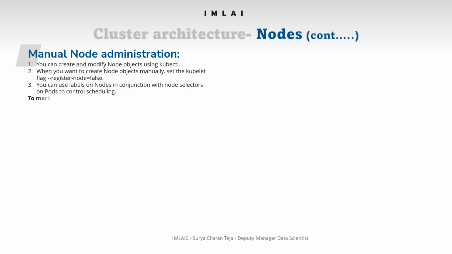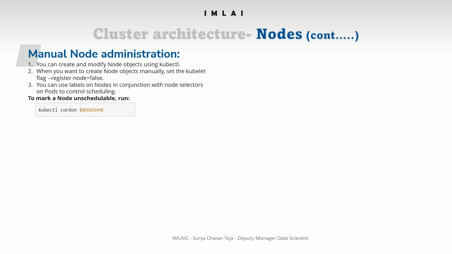This step is also pretty important, labeling and unschedulable. These things are also pretty much usable to mark a node unschedulable. For that, we can use kubectl cordon. This is a recent one.